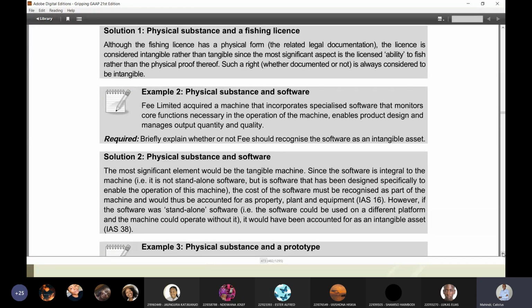However, you might have an instance where you have standalone software. You can buy the software separately. So for example, I want to read PDFs, and in order to read a PDF document, I need Adobe PDF Reader.